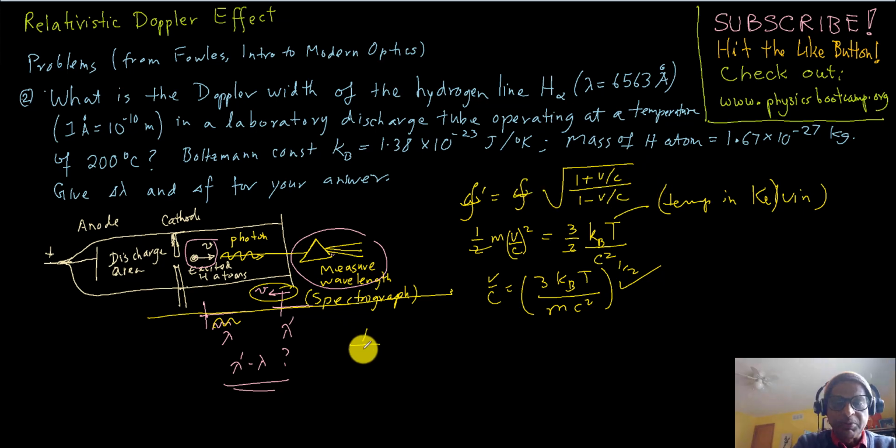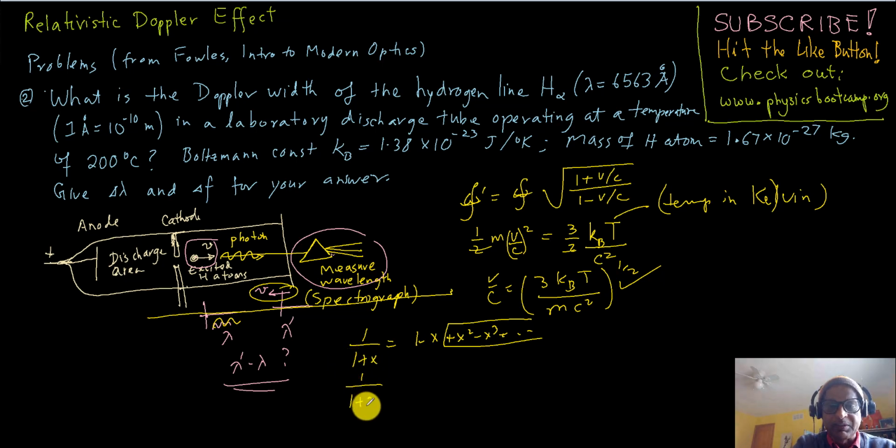So like 1 over 1 plus x can be 1 minus x plus x squared minus x cubed, like this. And if x is small, then you can just drop the higher terms, so this will be almost identical to that. And if you have 1 plus x to the power a, with x small, it will be 1 plus a x, so the other terms we dropped.